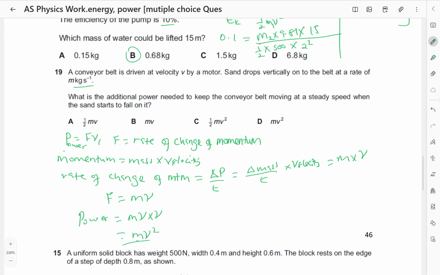So note very carefully, power is force times velocity, but force is the rate of change of momentum, and momentum is mass times velocity. So the rate of change of momentum is the change in mass over time times the velocity, which gives us simply m times v, that is the force. But power is force times velocity, so that means our answer is automatically going to be D.